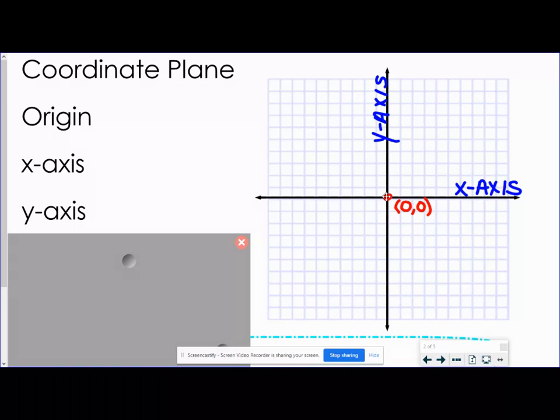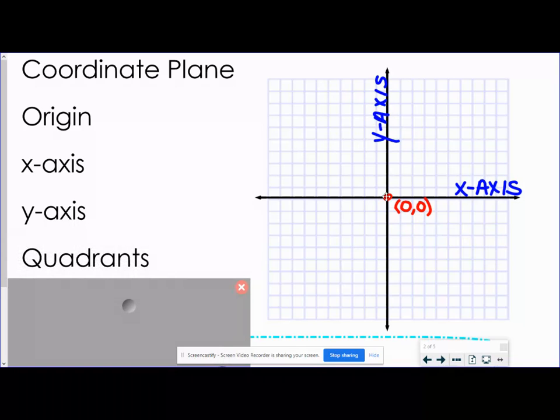When you have these two, and plural is axes, when you have the x-axis and the y-axis together, they do split the coordinate plane up into 4 quadrants. The prefix quad means 4, so it's splitting it up into 4 parts. The way that we name these 4 parts, it's just with numbers. It's quadrants 1, 2, 3, and 4, but we do use Roman numerals. So you might have to refresh your memory on that.